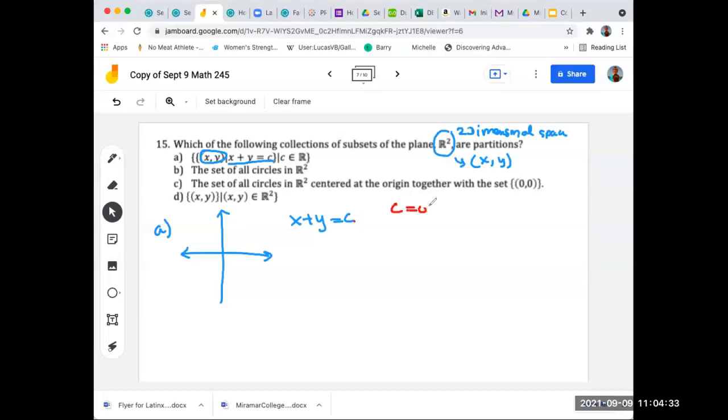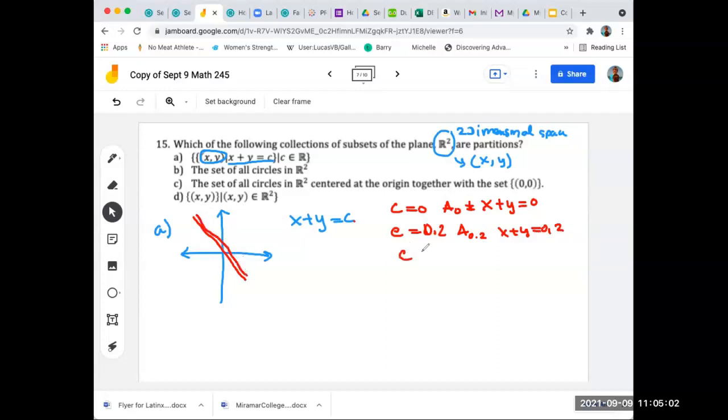So if C is 0, this is your set A0. So you have X plus Y equals 0. This is the line going through the origin. For C equals 0.2, I could have another set, X plus Y equals 0.2. Slope stays the same, y-intercept changes, so you have another line here.